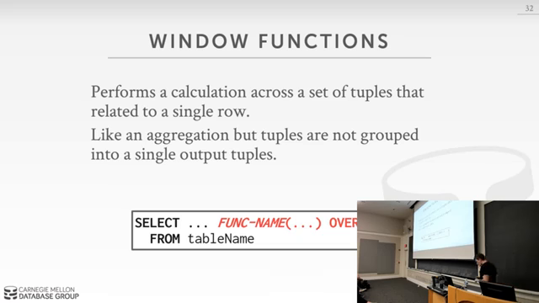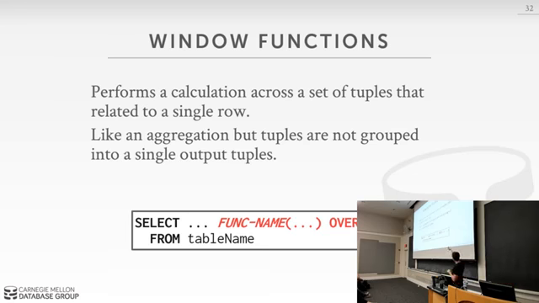So a window function is sort of like an aggregation where you compute some function on tuples, but rather than doing it on a subset of the tuples and collapsing them down into a single result, you do this in an incremental or moving fashion. And then you still produce the tuple as the output, along with the value that it produced from the window function.